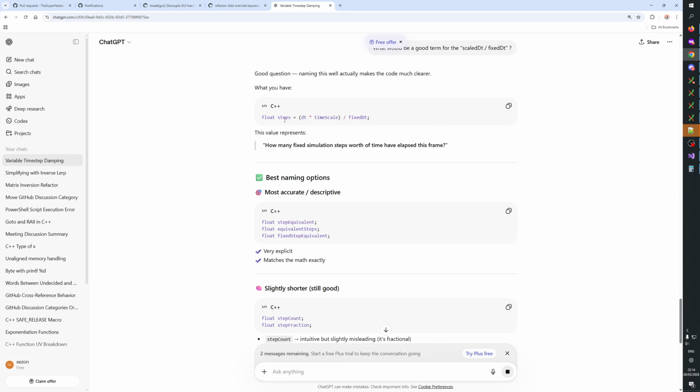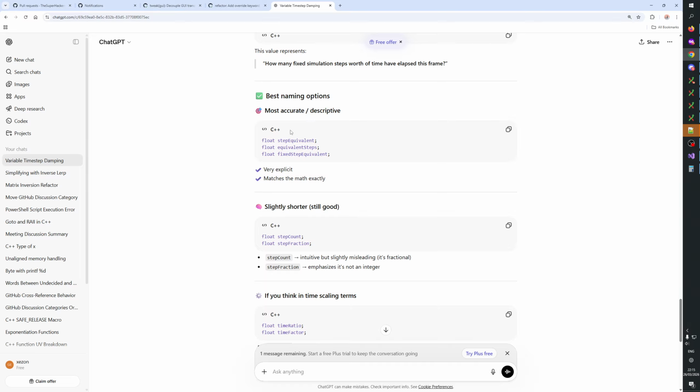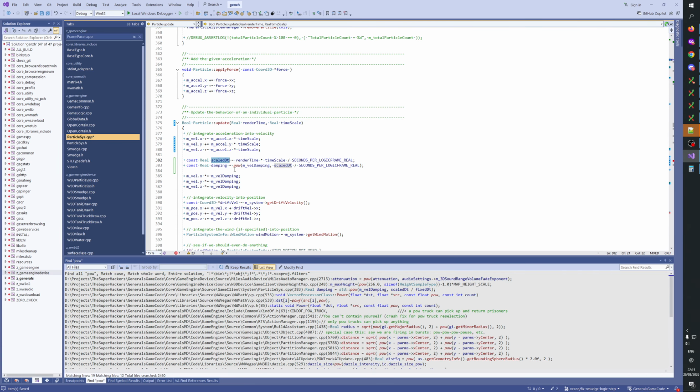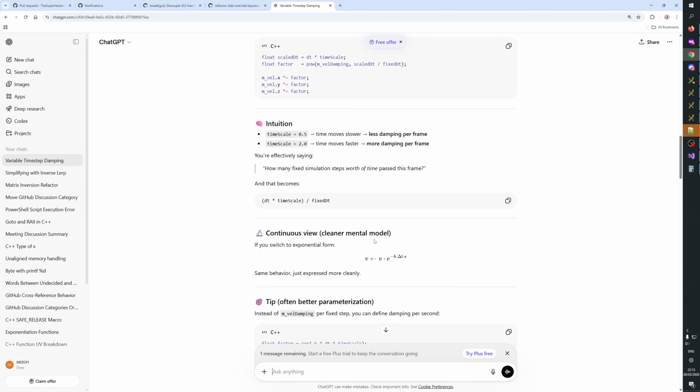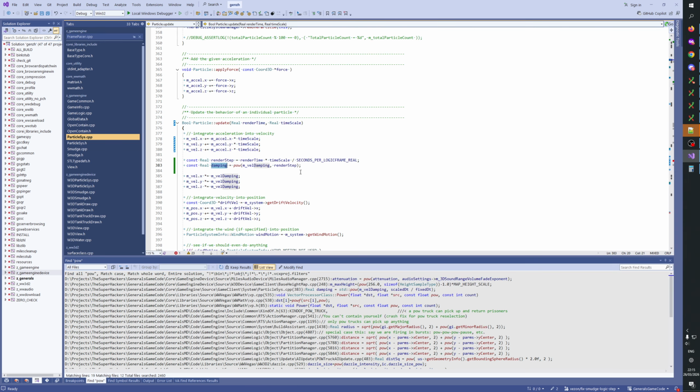Step. I call it render step. Okay. Then that would be multiplied in the end. Okay. I hope that will work.